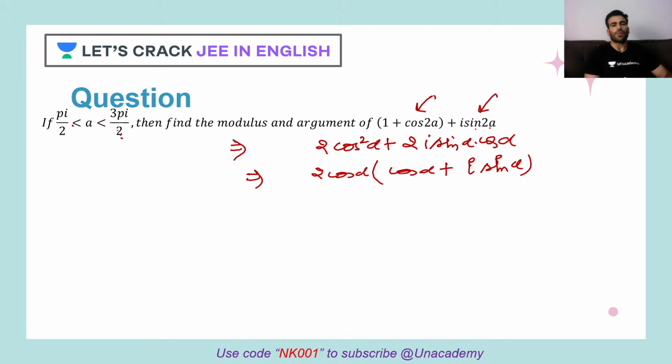Right? Now, this looks like an Euler form, right? And this can work as a mod, right? So if I want to write the mod, it would be what? Modulo of z. Let's say this is z. This is what? Twice of cos alpha. And as we know that alpha is what?